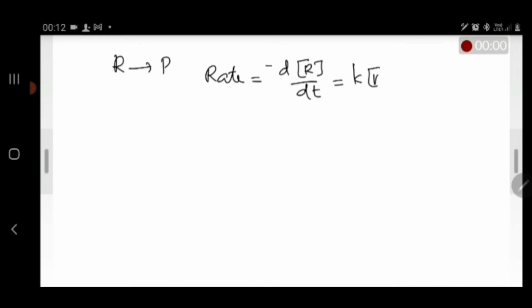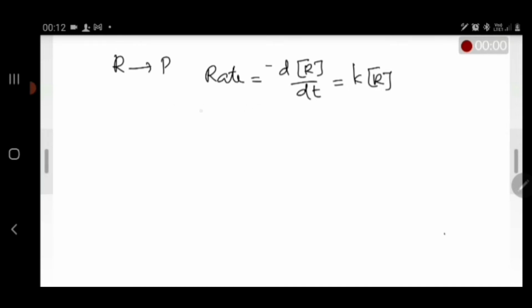Let's consider a first order reaction where reactant is getting converted to product. When you write down the differential rate equation for this reaction, rate is equal to minus dR/dt equals k into the first power of the molar concentration of the reactant.